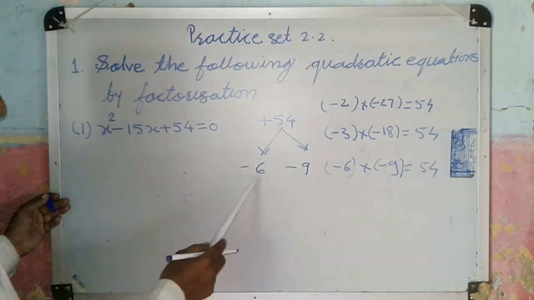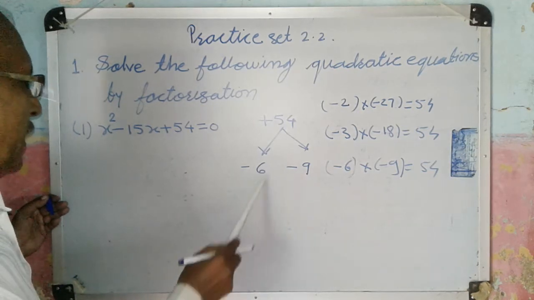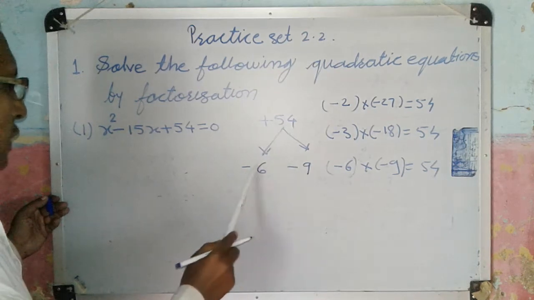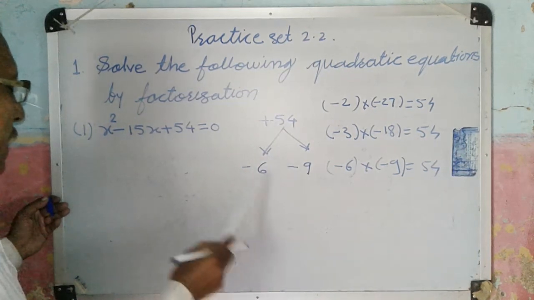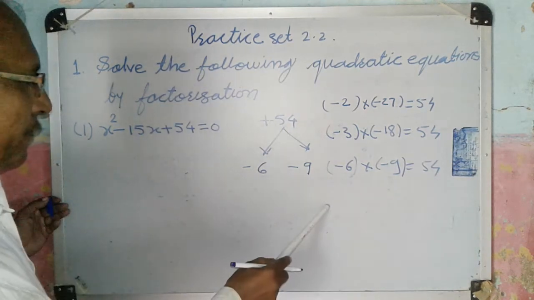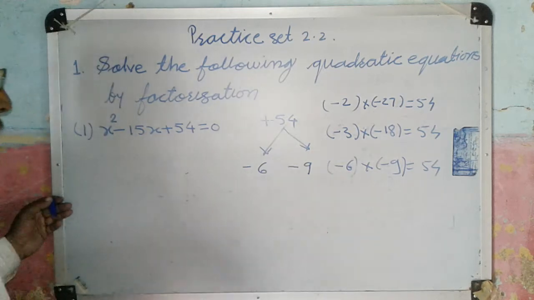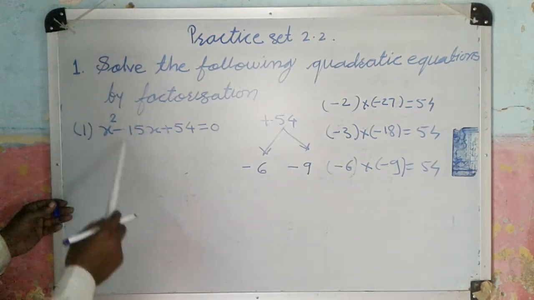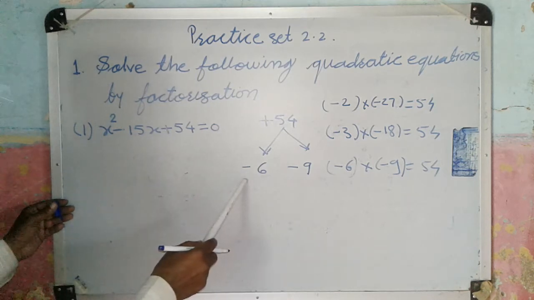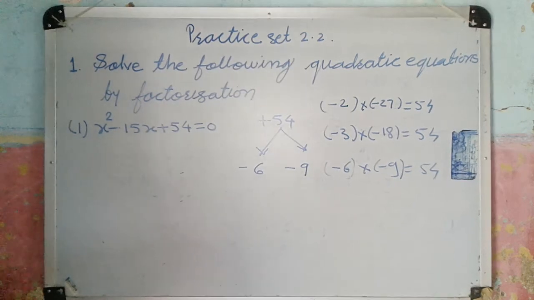So here the product of minus 6 and minus 9 is plus 54, and the sum is minus 15. So this is the required pair of factors. So we will write this minus 15 in the form of the sum of minus 6x minus 9x.